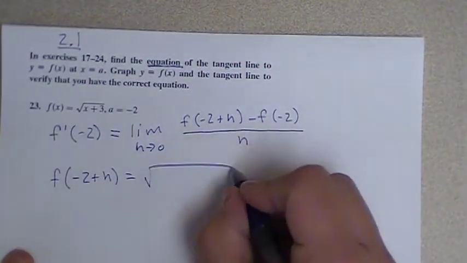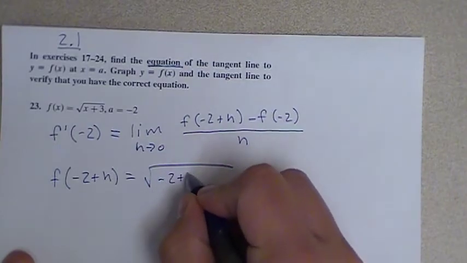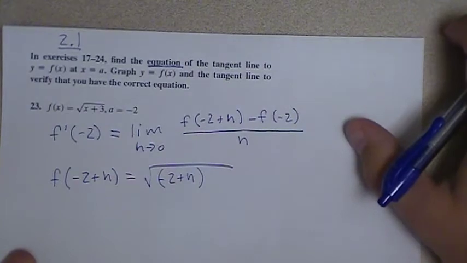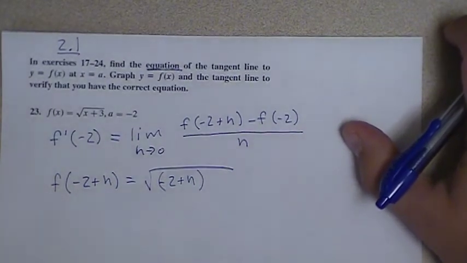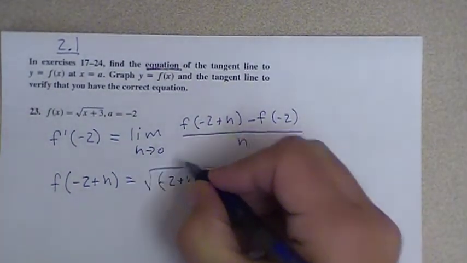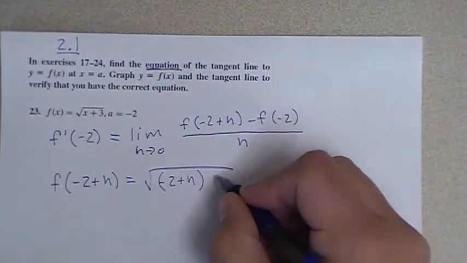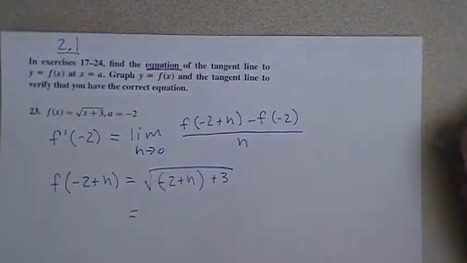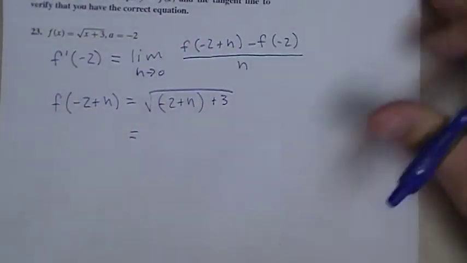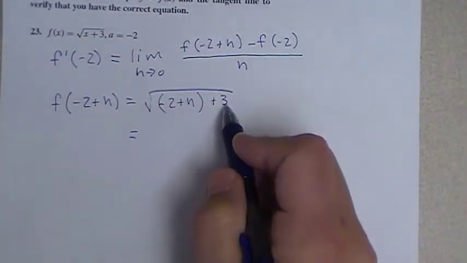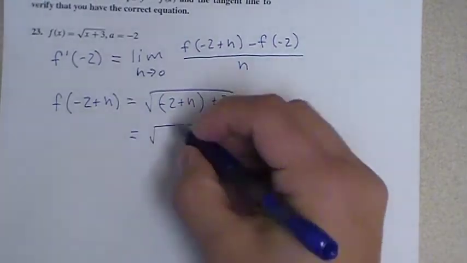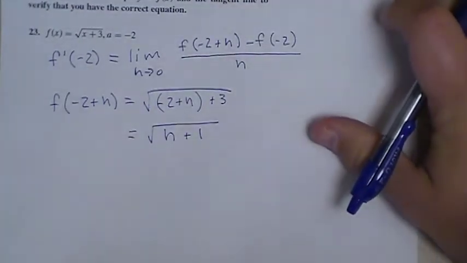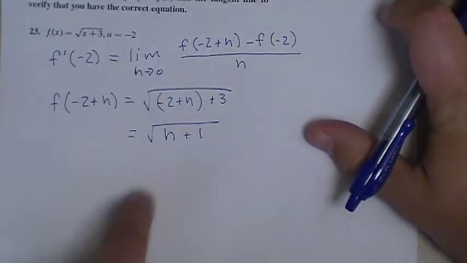So I'm looking at the square root of -2 plus h going in place of x. The grouping symbols there aren't really doing anything other than showing that's what I put in place of x. And then I still have my plus 3 underneath that root. There's a little bit of simplification you can do: combine the -2 and the 3, and you're looking at a plus 1. So f of -2 plus h would be the square root of h plus 1.